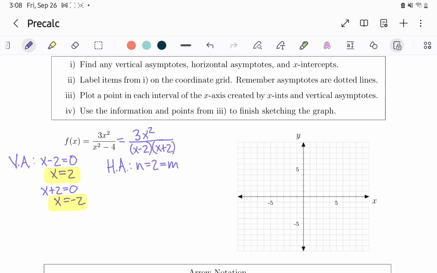So n is equal to m here. And we said in that particular case, we are going to have a horizontal asymptote at y equals the ratio of the leading coefficients. So here y equals 3 over 1, or just y equals 3.